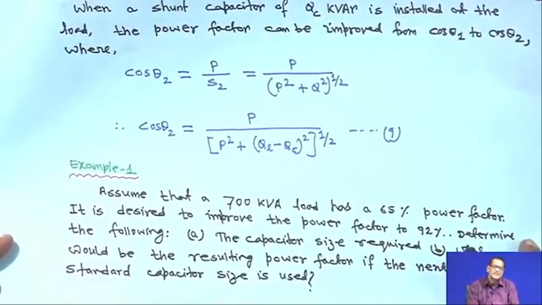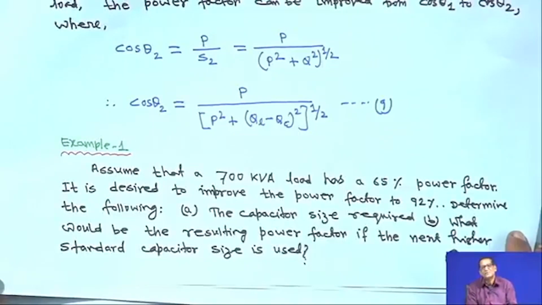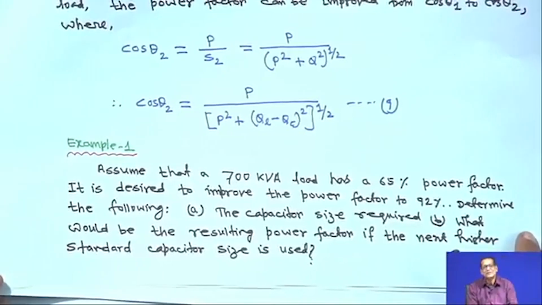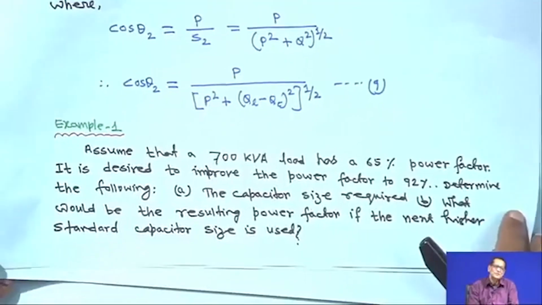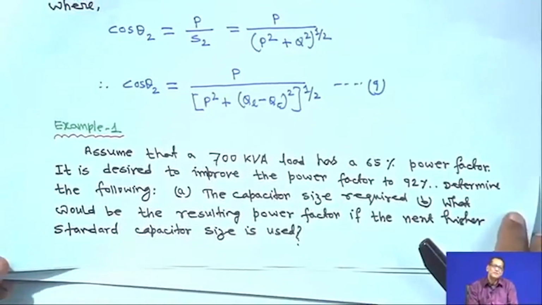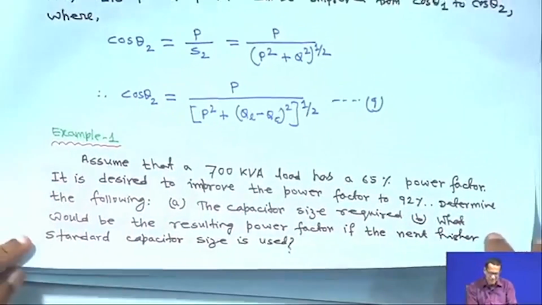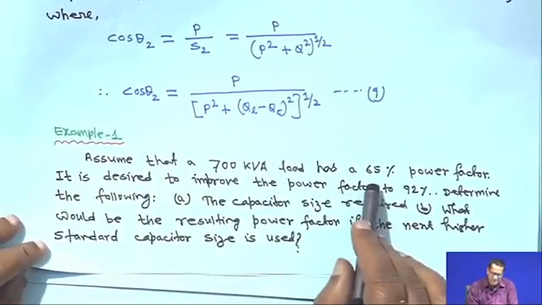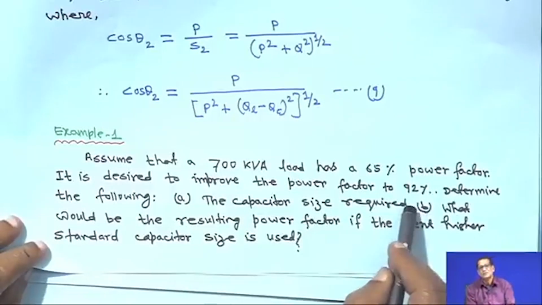Some standard ratings of capacitors are available in the market, like 25 kVAr, 50 kVAr, 65 kVAr, then 100 kVAr, 200 kVAr, like that. A 75 kVAr is also sometimes available, but if it is not, then perhaps you have to use a 125 or 150 kVAr bank. So, a 700 kVA load is there at 0.65 power factor, to be improved to 0.92.